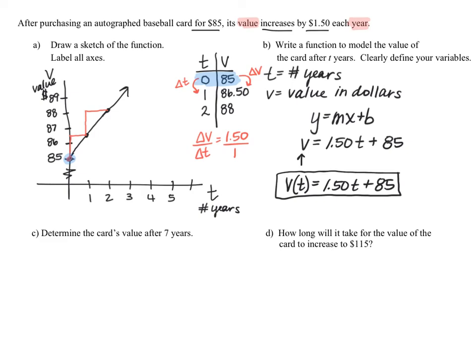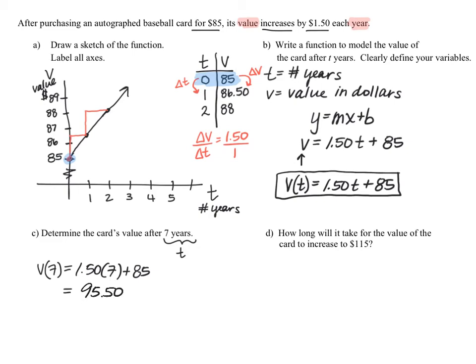Now in part C, we want to determine the card's value after 7 years. So we've been given a time value. So we're basically substituting 7 in for time. That means we're computing the value at 7 years, v of 7, which will be 1.5 times 7 plus 85. And you can definitely grab a calculator to do that computation, which gives $95.50.